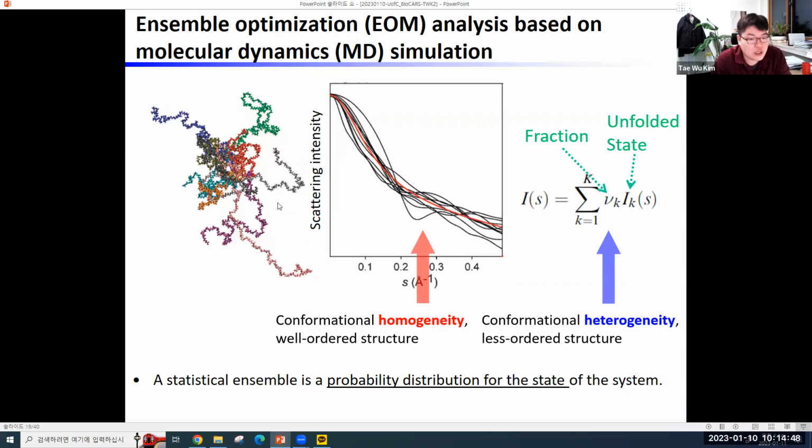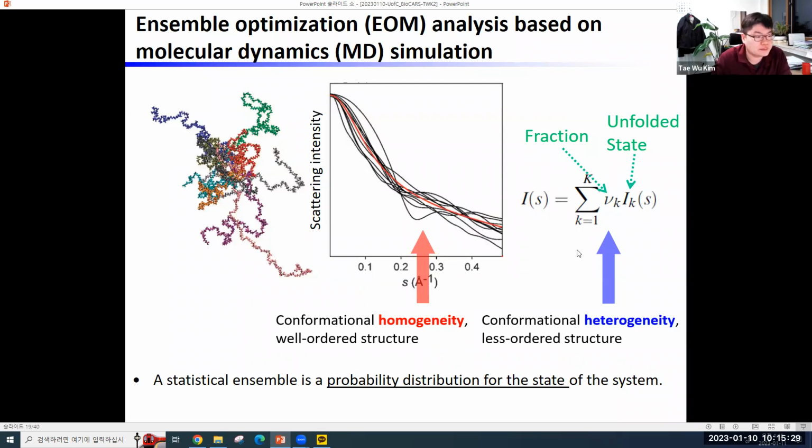To analyze this data, we should adopt a new philosophy: the ensemble-based structure. This analysis considers the conformational heterogeneity of the very extended unfolded conformations. To make a theoretical scattering curve, we mix all of the unfolded-state scattering curves with their relative populations.